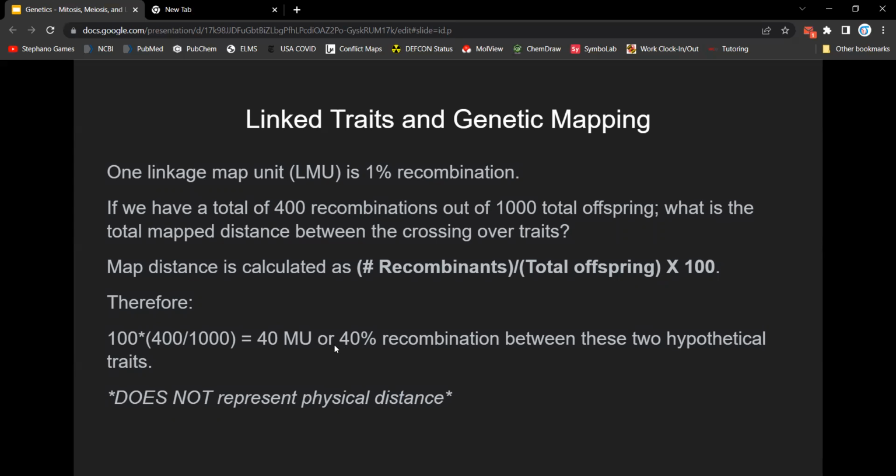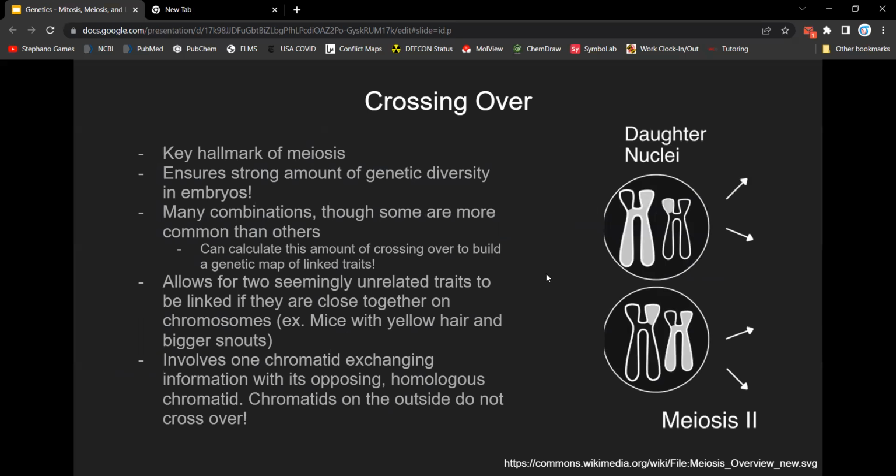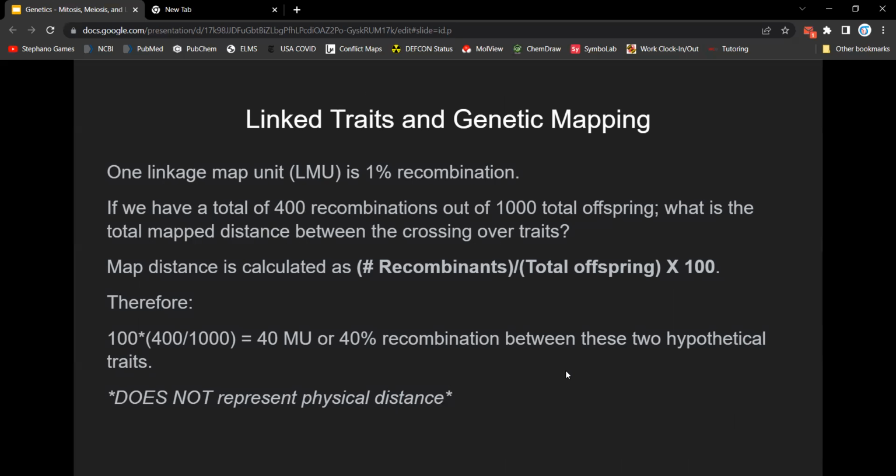And we can use this to then apply it to a genetic map and say those two traits are 40 map units apart. Now, it's important to recognize that this is not physical distance at all. This is genetic distance. And so it's a little bit different, but in general, it confers the probability that there is a 40% chance of these two traits crossing over in any given embryo. And so that's really cool.